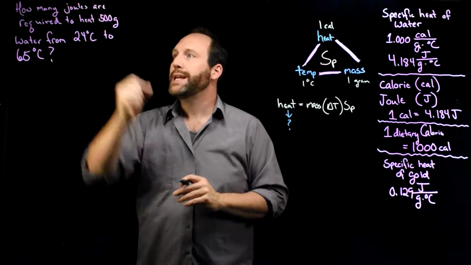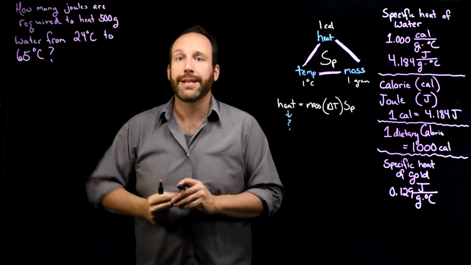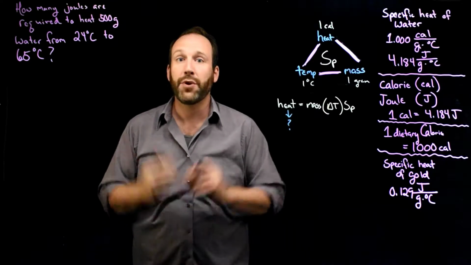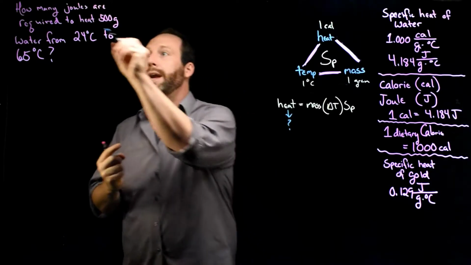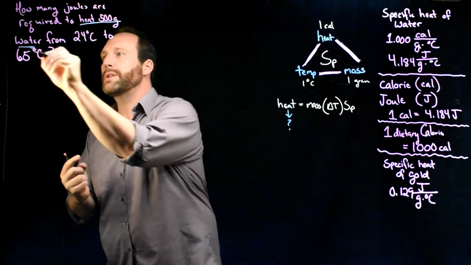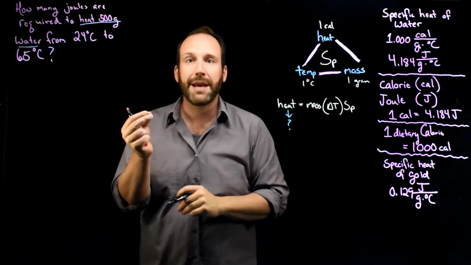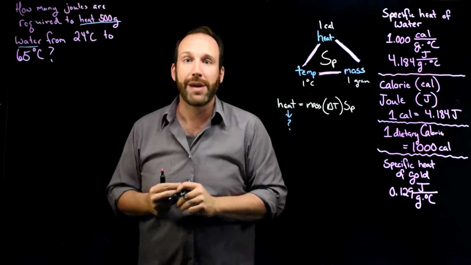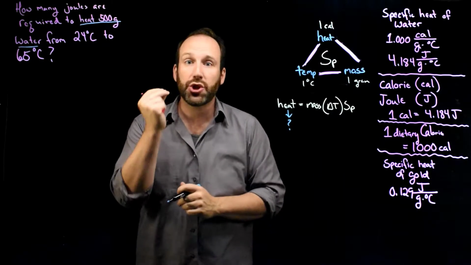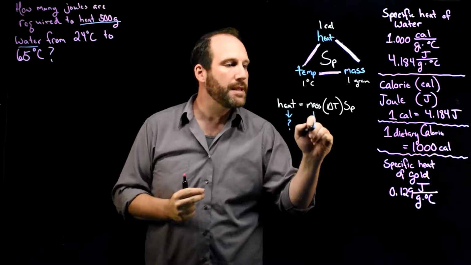Are required to heat 500 grams of water. So we're told 2 things right there. Heat 500 grams of water. We're told what the substance is and how much we have of it. That tells us 2 things.